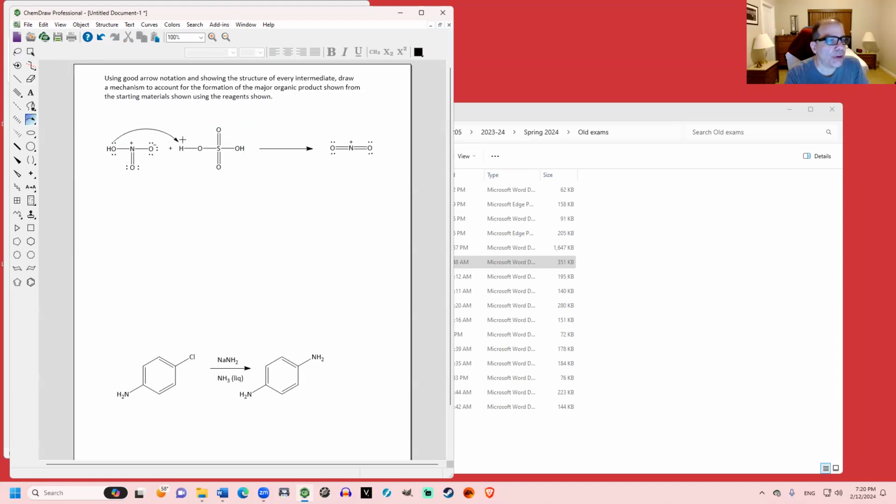The first step starts with the OH on the nitric acid picking up the proton from sulfuric acid and putting the electrons on oxygen, and that oxygen becomes protonated.